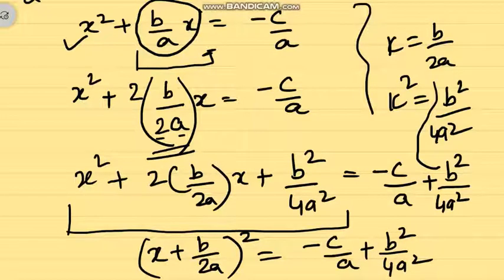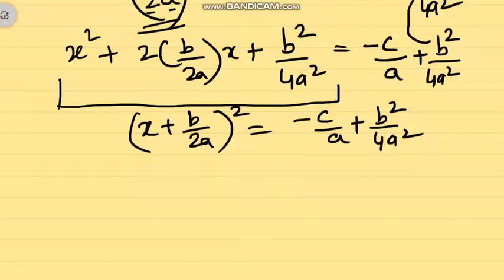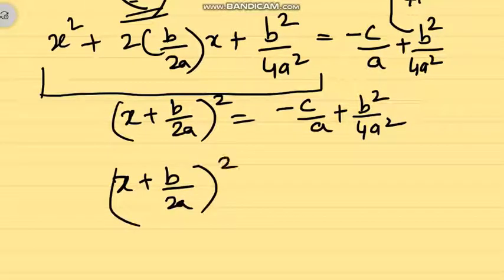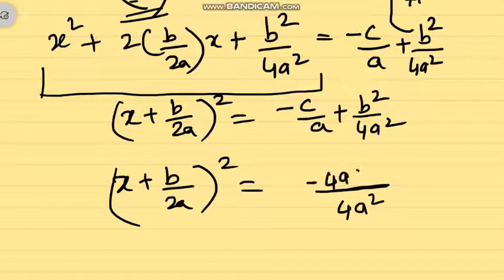Okay. Now children, that you have got this equation here, you just see (x plus b by 2a) whole square can be written as, you just take out the LCM in RHS, you will get 4a square in the denominator and minus 4ac plus b square in the numerator.